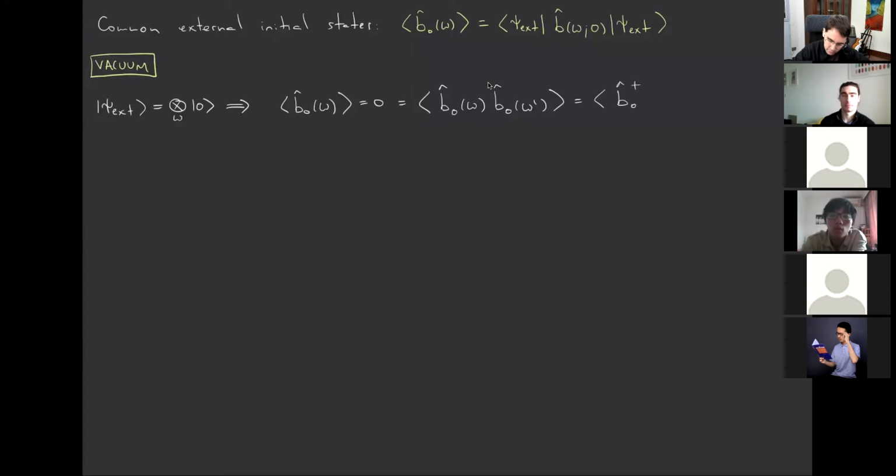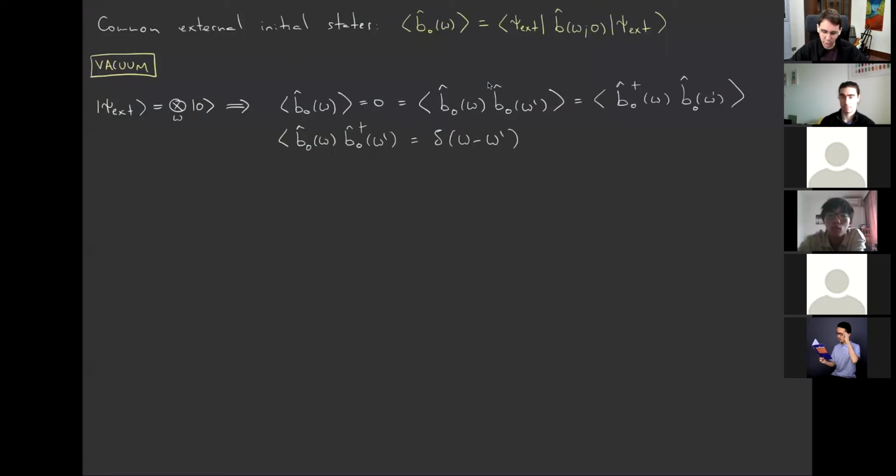The number, B dagger B, will also be zero because we are in vacuum. And then the only non-zero contribution is of course the term B0 of omega, B0 dagger of omega prime, that is a delta function of omega minus omega prime.